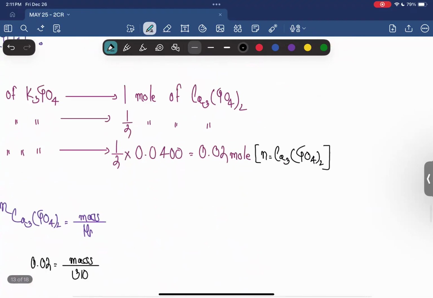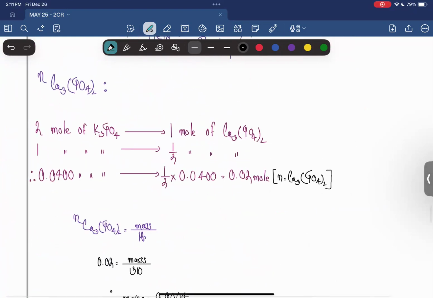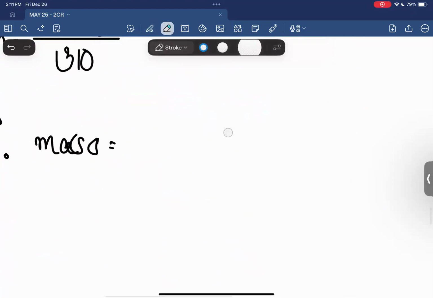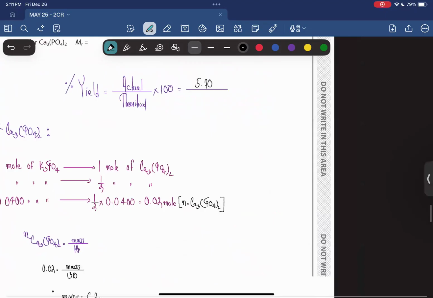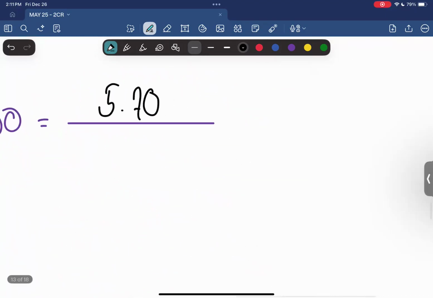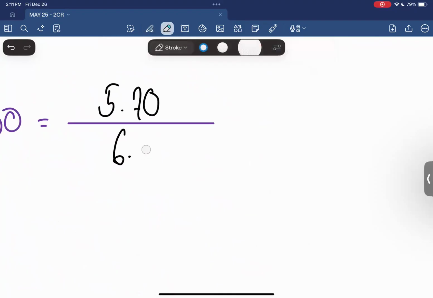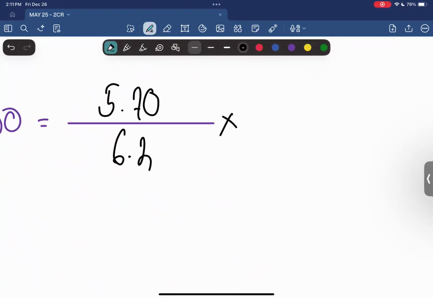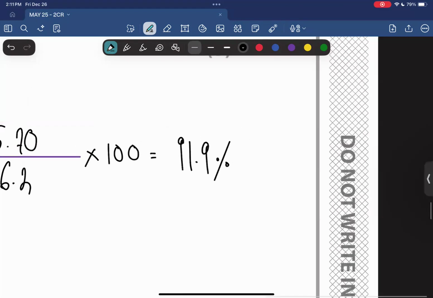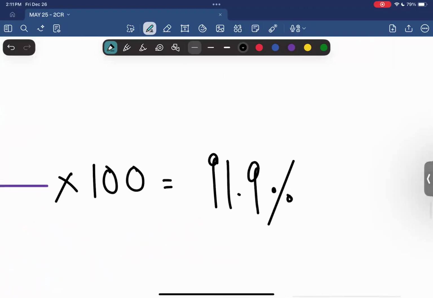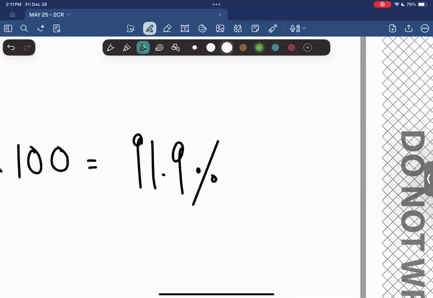Oh, sorry, this is going to be 6.2. Sorry for that. This is going to be 6.2 grams, the theoretical mass, right? So 5.70 divided by 6.2 times 100. So this should give you a value of 91.9%. Okay, 91.9%. Now this is approximately about 90%. Okay, so this is basically the answer.